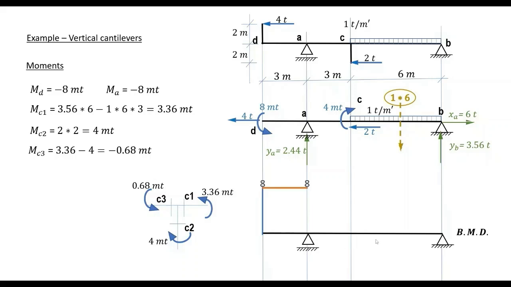We will really apply on our diagram MC1 and MC3 as we excluded the cantilever. Of course, we have its effect on our diagram.